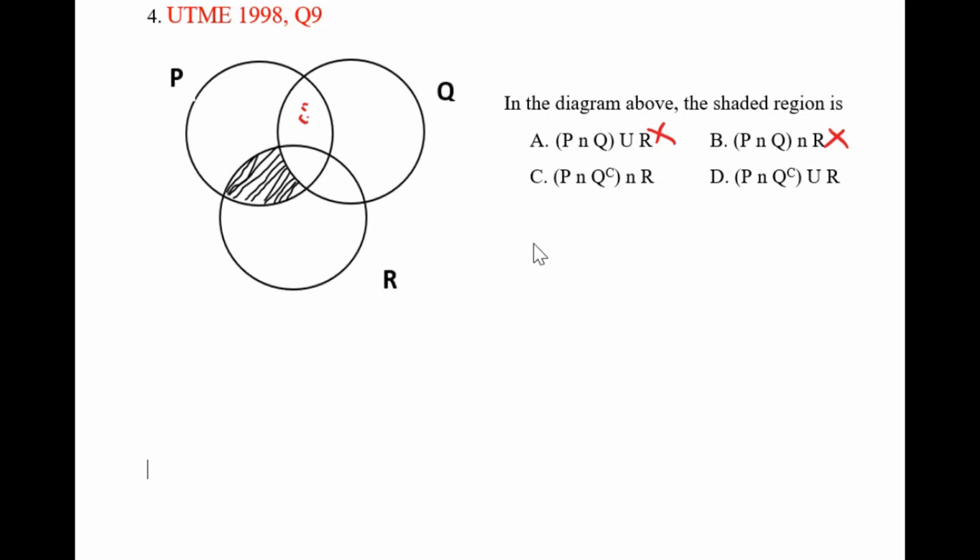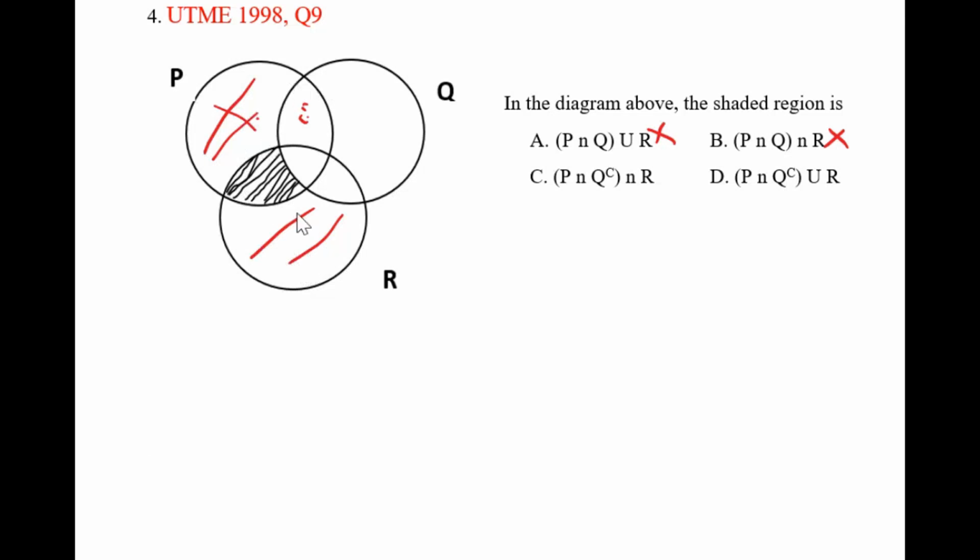So, okay, now let's analyze it carefully. Q complement. Which area in this diagram is Q complement? So Q complement would have been this whole of P and the whole of Q with this our shaded part. That would have been the Q complement.